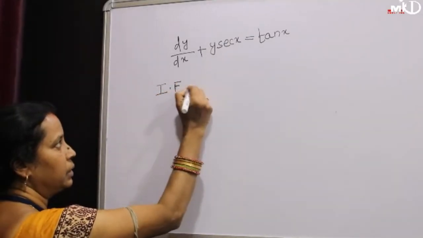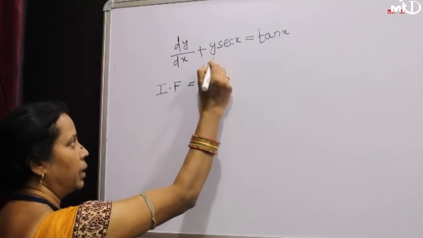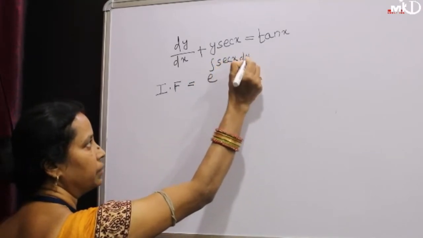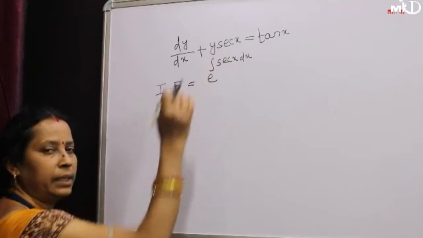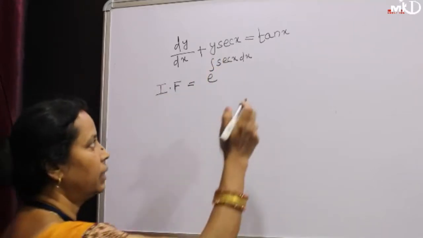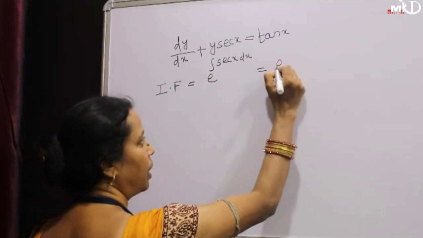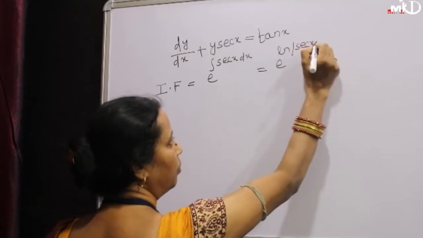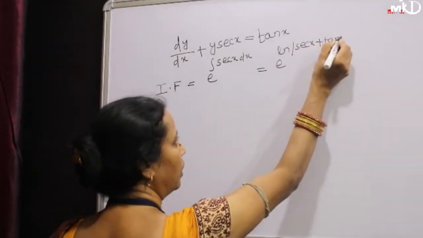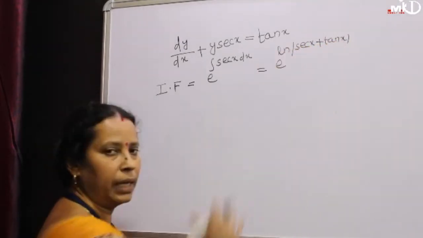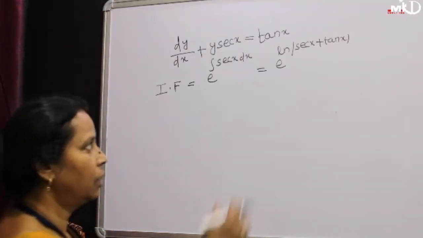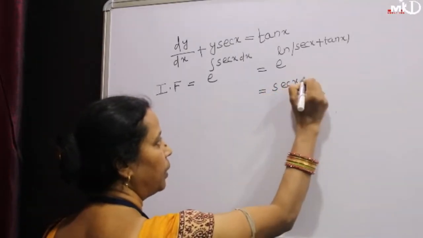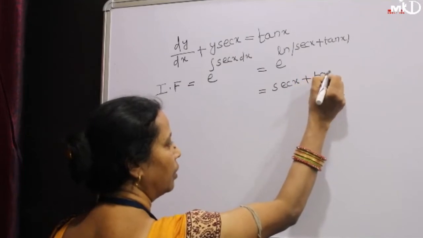The integrating factor is equal to e to the power integration of sec x dx. So what is the integration of sec x dx? That is e to the power ln of sec x plus tan x. And we already know e to the power ln x is equal to x. So our integrating factor becomes sec x plus tan x.